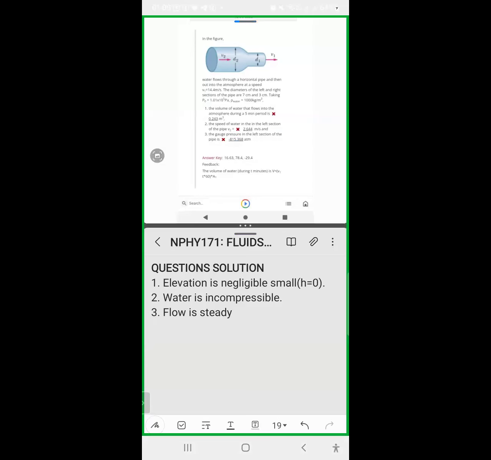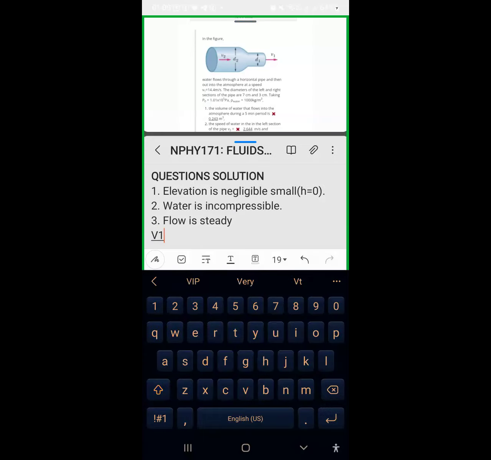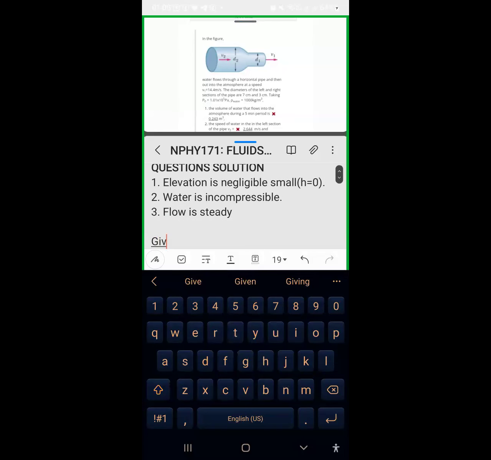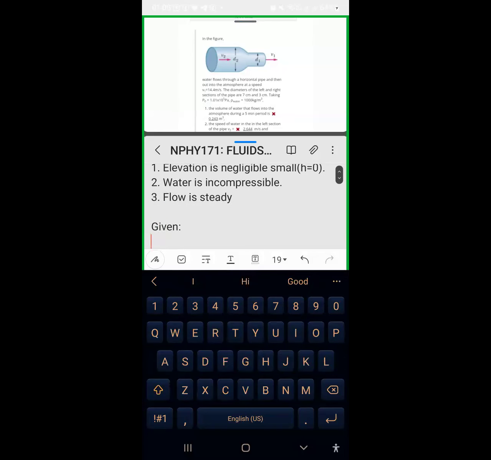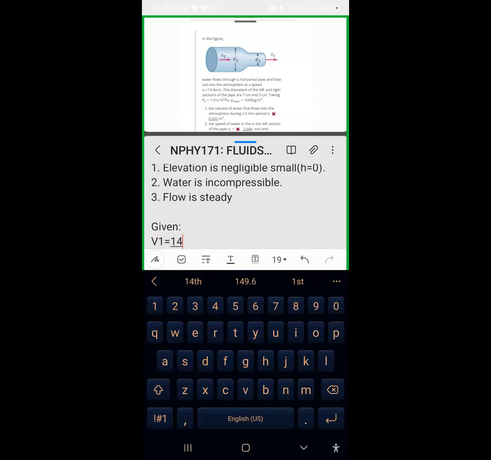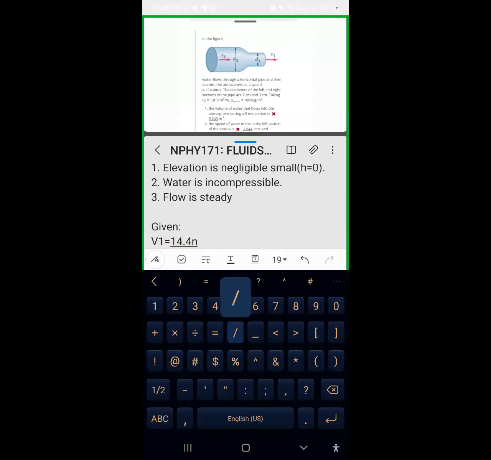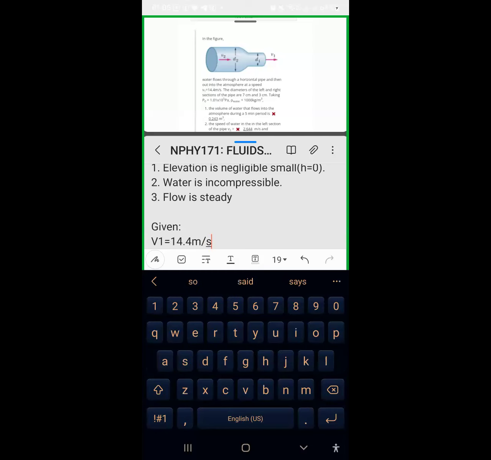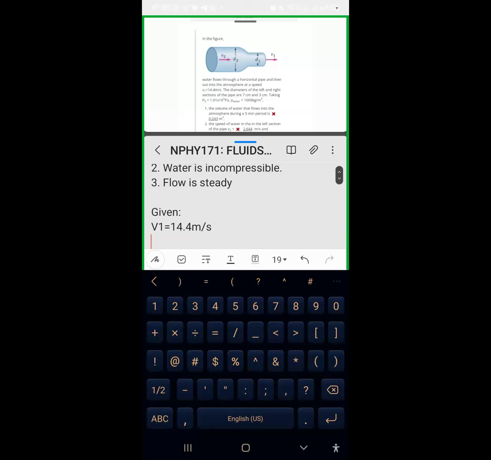So now these are our assumptions. This is what we are given. We are given that the velocity at the right section is equal to 14.4 meters per second. We are also given that the diameters on the left and right section of the pipe are 7 and 3.